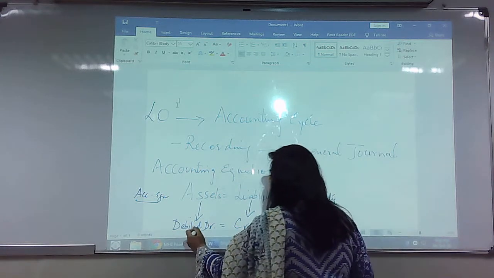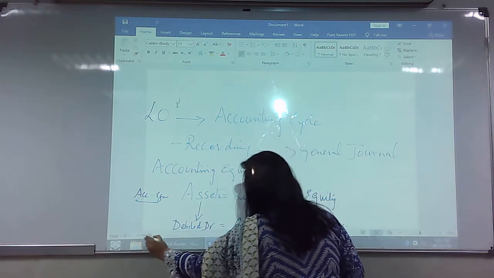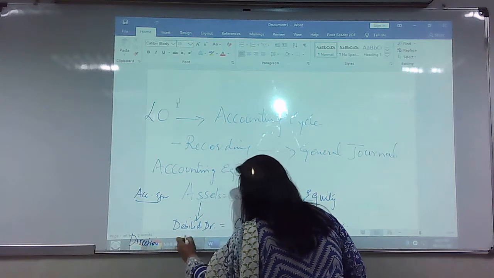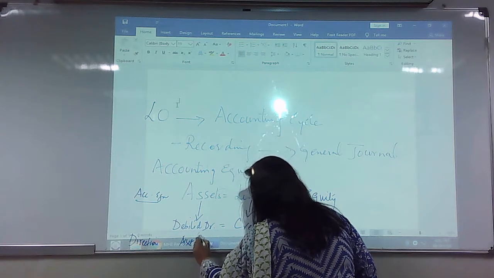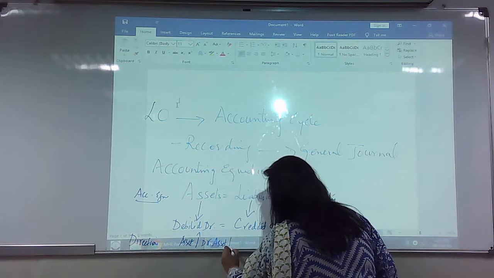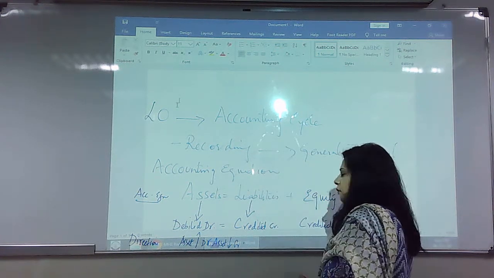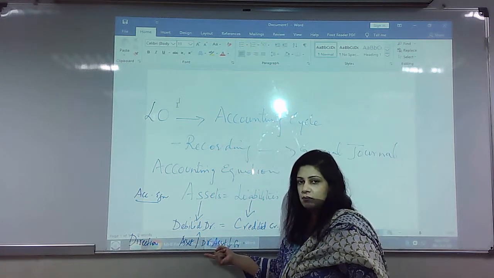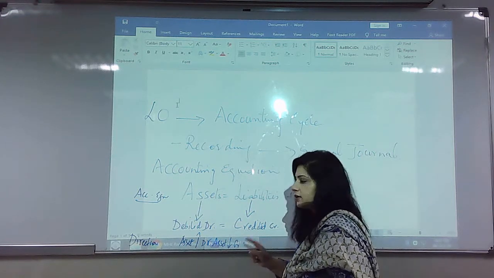But if you decrease the asset, in this case, there are two things. The direction, now I'm going to talk about the direction. So when the asset increases, it's debit. If asset decreases, it's credit. Right? I repeat, when asset increases, it is debited. But when asset decreases, it is credited.